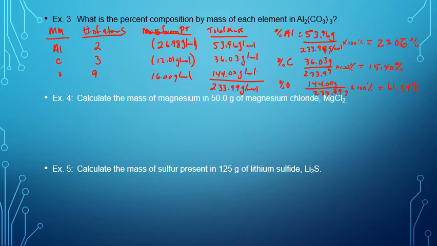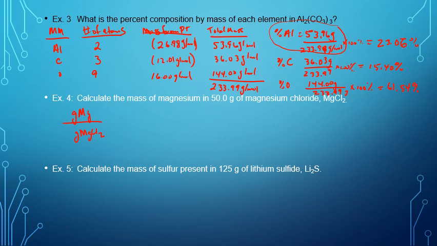Now, if we do this from a dimensional analysis standpoint, I can simply do this, where I have the grams of magnesium over my grams of magnesium chloride. Hopefully you can see this mimics what we were doing up here in these problems by taking the mass of the element divided by the mass of the compound.